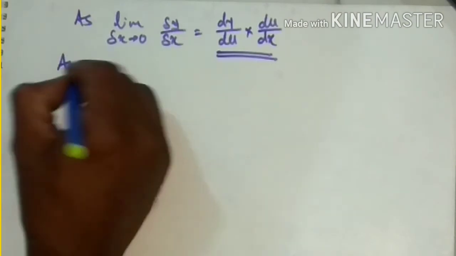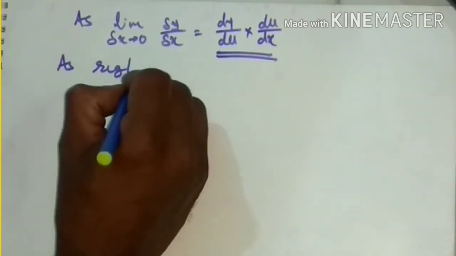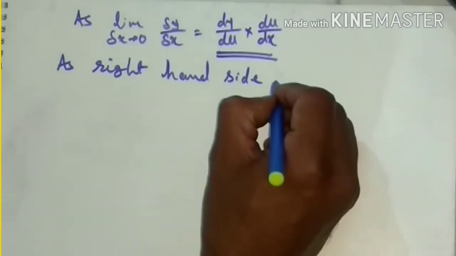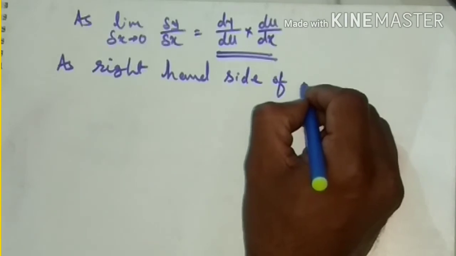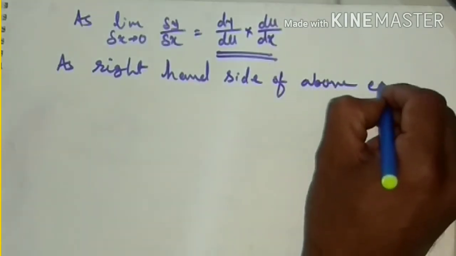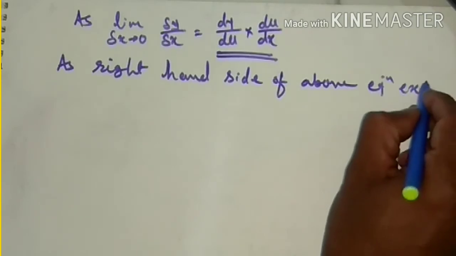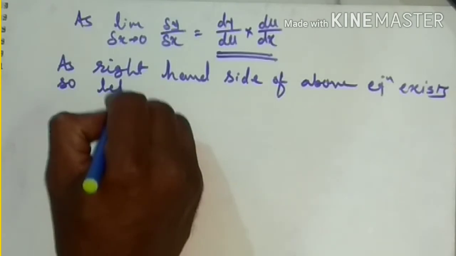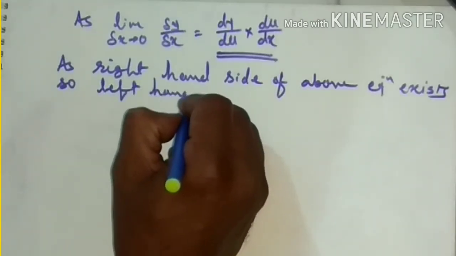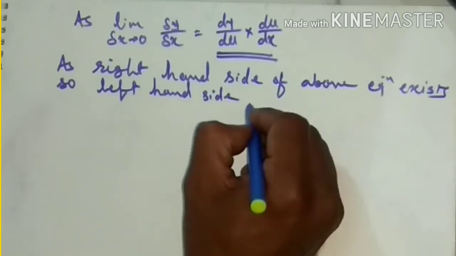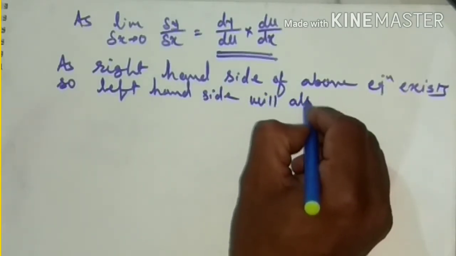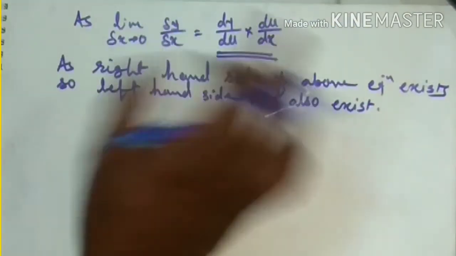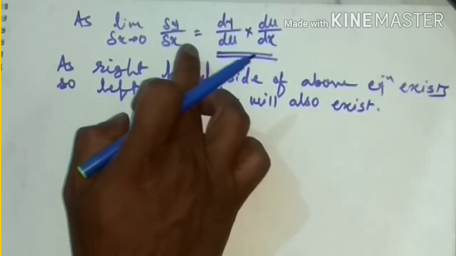So the left hand side will also exist. What it means: this is the left hand side, this is the right hand side, in between there is an equal to.